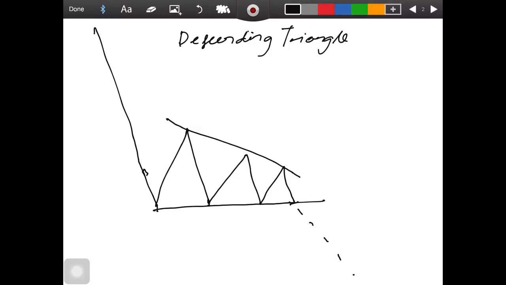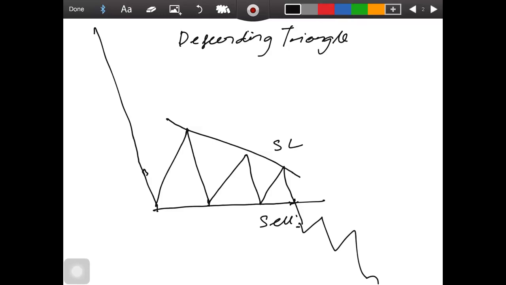Once price breaks below this support, the idea is to sell, put your stop loss above that resistance, and expect a big continuation down.